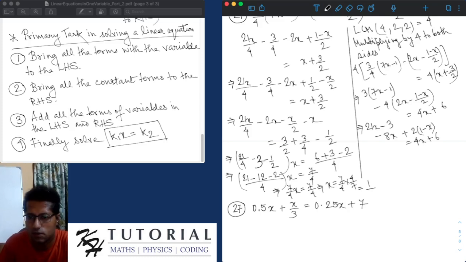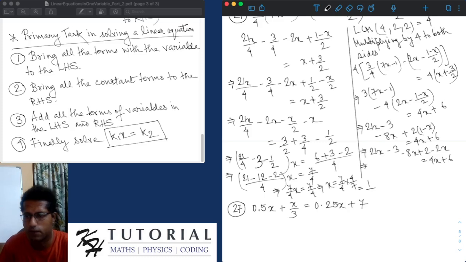So we have this. Now we will bring all the x terms to the left hand side and all the constant terms to the right hand side. Okay, we have to do one more simplification, that is do the product of 2 into 1 minus x. So this becomes 21x minus 3 minus 8x plus 2 minus 2x equals 4x plus 6.